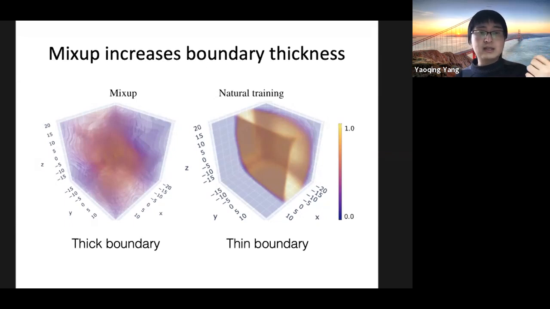On the left, the decision boundary is very thick, and you cannot really let the prediction change very easily. If you look at the one on the left, the level sets are very separable, so they have a distance between each other. And on the right, if you look at the level sets, they're tied together.